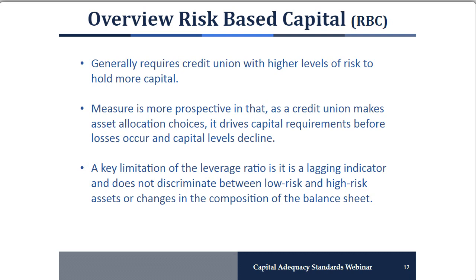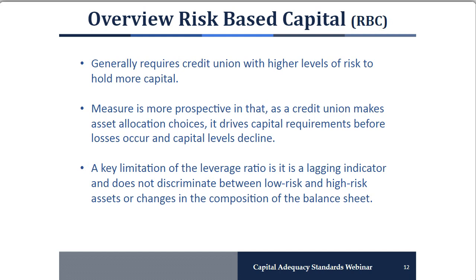This more prospective approach differs significantly from the leverage ratio, also known as the net worth ratio. A key limitation of the leverage ratio is that it is a lagging indicator because it is based largely on accounting standards. Accounting figures are point-in-time values largely based on historical performance to date.